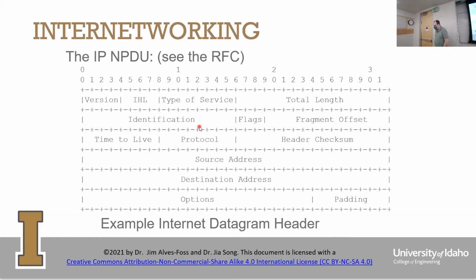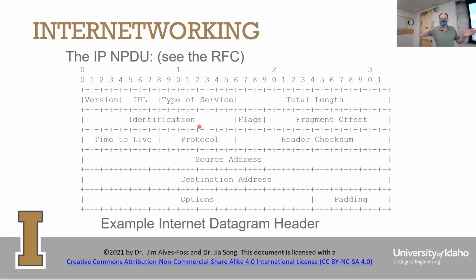Identification is used when I create a data packet and I want to ship it across the internet. I give it a number. This packet could be, say, 4,096 total bytes. An intermediate system may say, hey, I don't send anything bigger than 1K, 1,024 bytes.